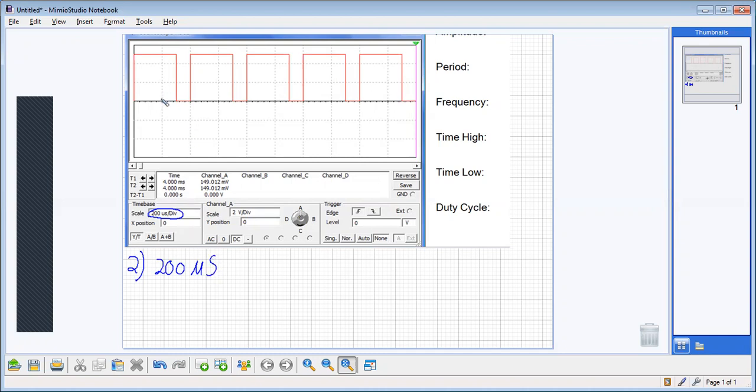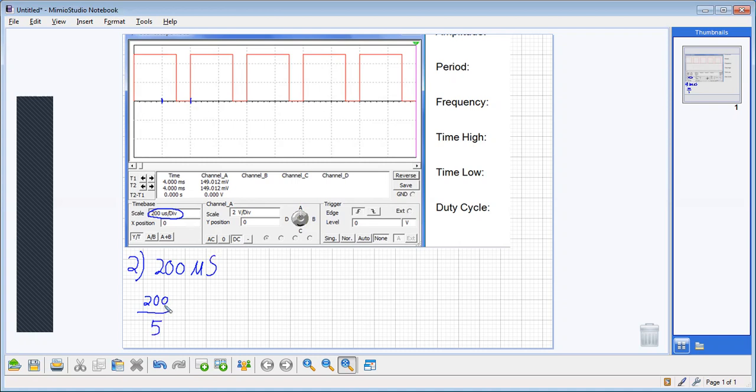So what does that mean? That means that up here we've got 200 microseconds, and this right here would be 400 microseconds. Each of these smaller intervals, we're going to take 200 microseconds. Notice how there's 5 of those. So we would take 200 divided by 5.